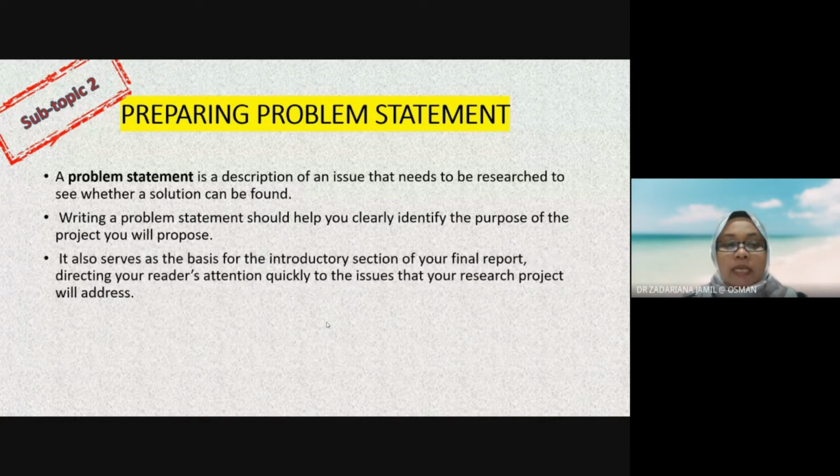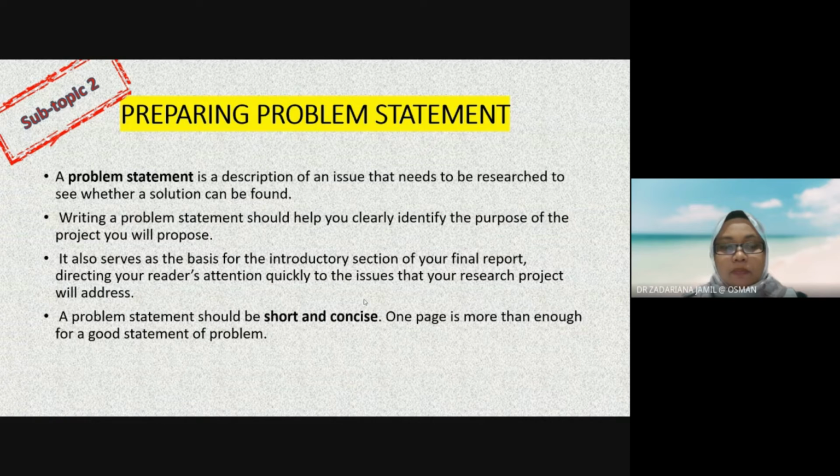It also serves as the basis for the introductory section of your final report, directing your readers' attention quickly to the issues your research project will address.